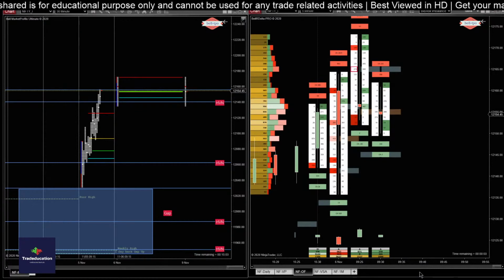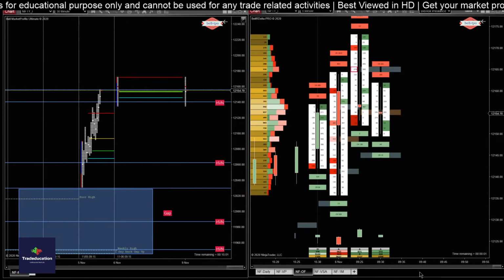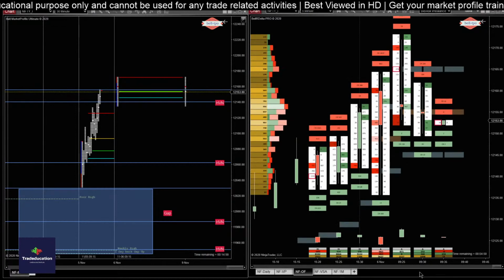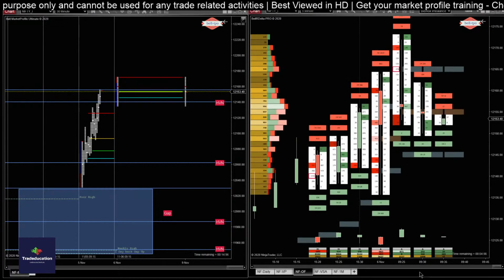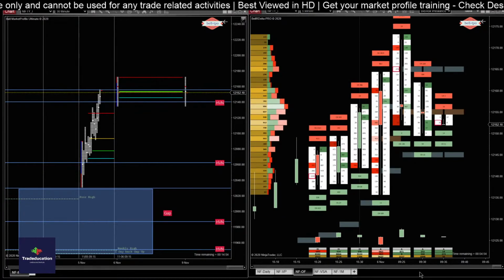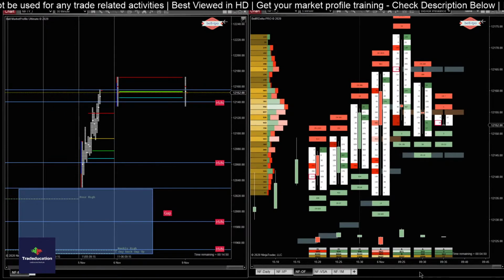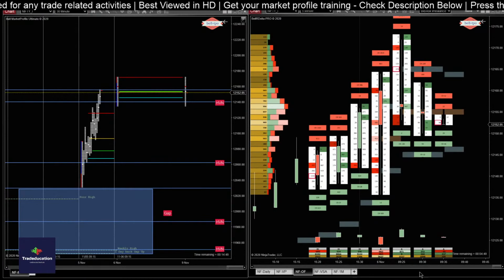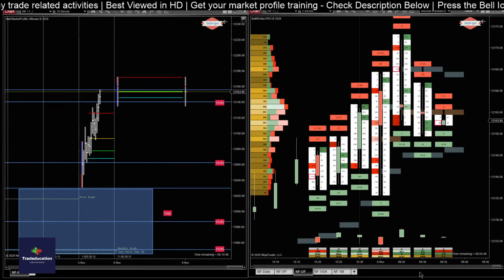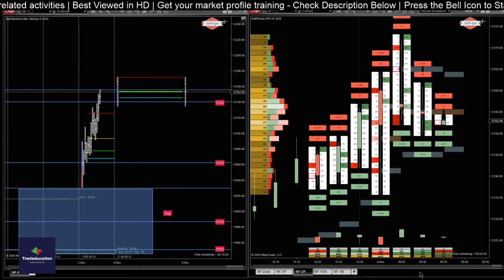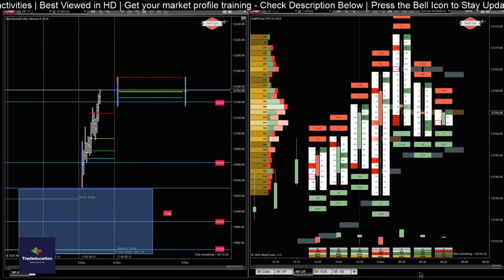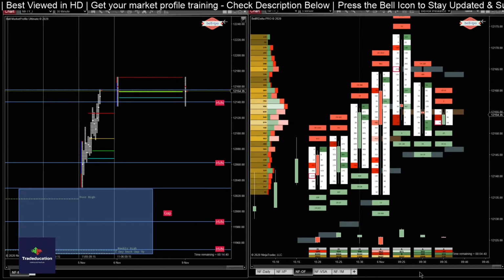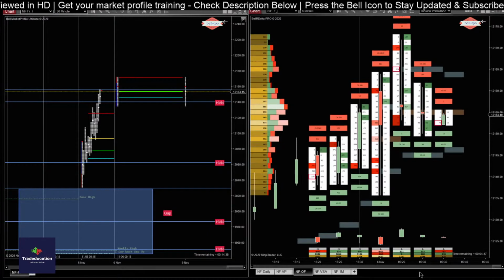Okay, so sellers are stepping in, absorption of supply is going on. Auction closed below VWAP. There is slight divergence in delta. So I'm expecting sellers to continue and tag the low. But it looks like buyers are stepping in.